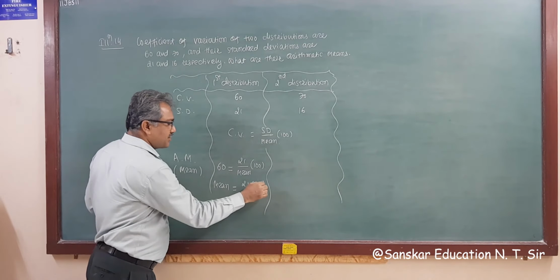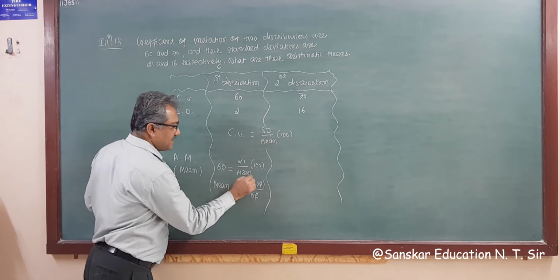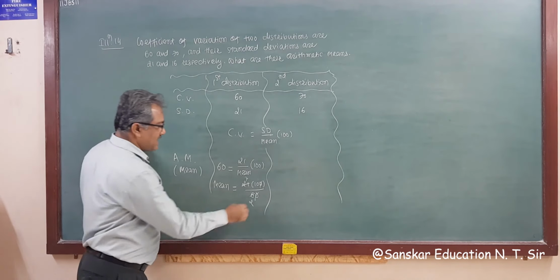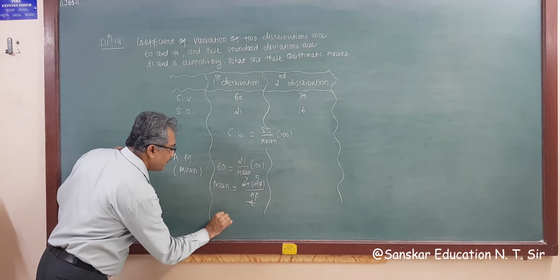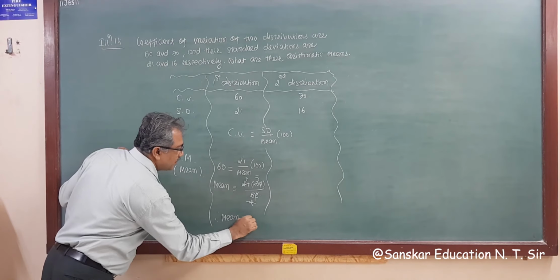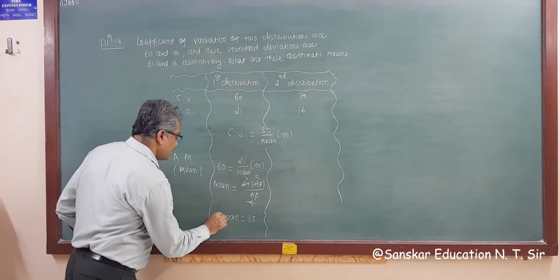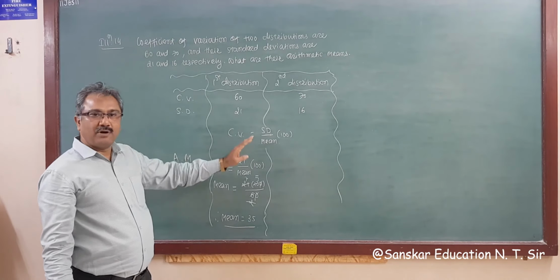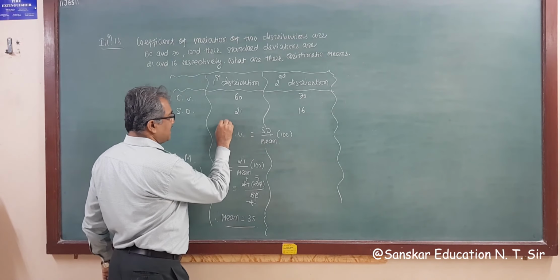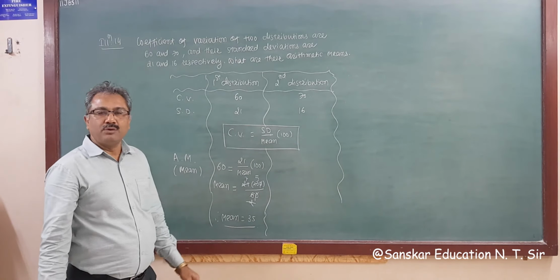This 0 cuts, 7 threes, and 2, so 7 into 5 over 2, that is mean is equal to 35 for the first distribution. Your first answer is mean equal to 35. No need to write separately, you can write in tabular form, because you are applying the formula CV is equal to SD upon mean into 100.